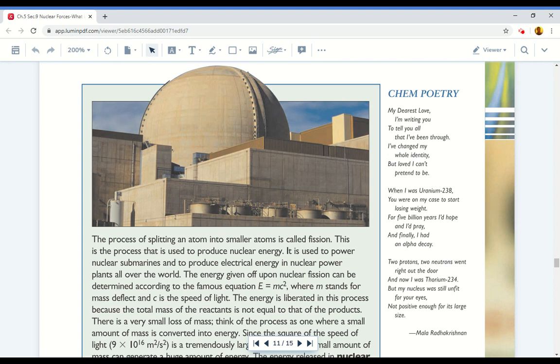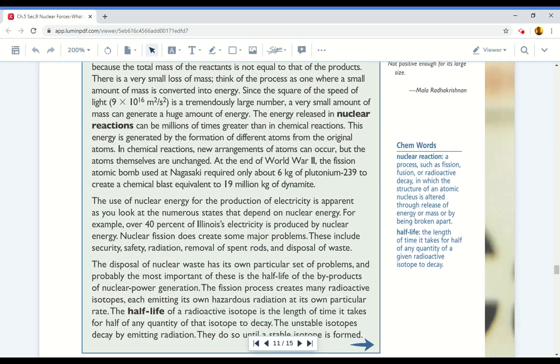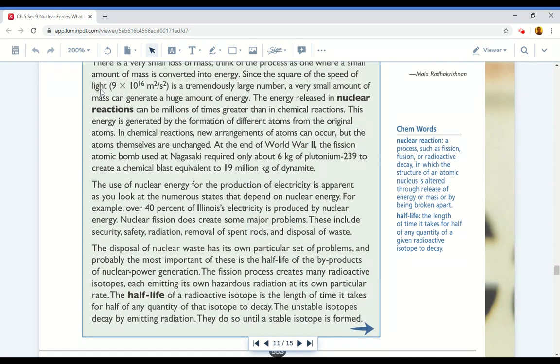There is a very small loss of mass. Think of the process as one where a small amount of mass is converted into energy. Since the square of the speed of light is 9 times 10 to the 16th power meters squared per second squared, it is a tremendously large number. A very small amount of mass can generate a huge amount of energy.